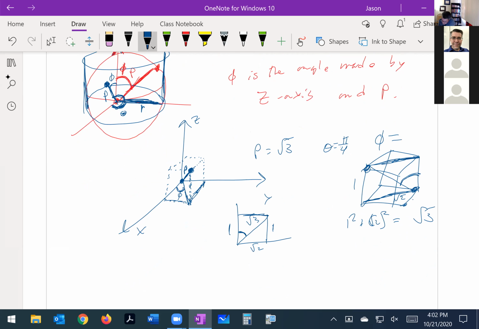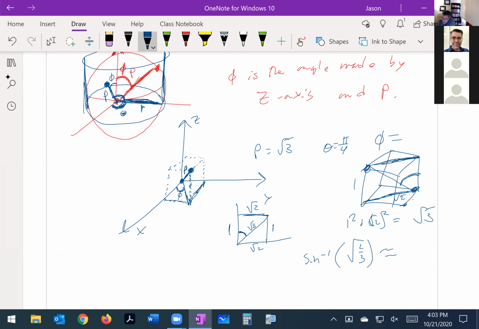That wouldn't be too hard. I could use any of these. So this is radical 2, and this is radical 3. So that angle is going to be inverse sine of radical 2 over radical 3.